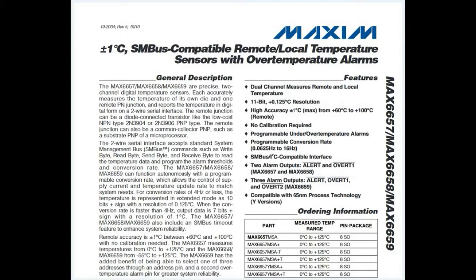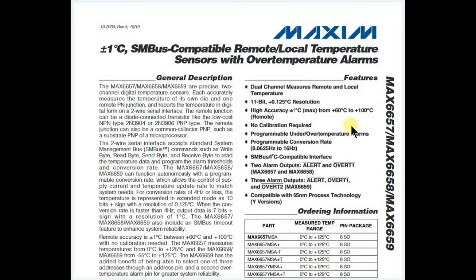The decision to use a Maxim 6657 temperature sensor is because it had 11-bit resolution, and the specs claim that no calibration is required. And after checking our bill of materials in our lab, we already had the part in our system.